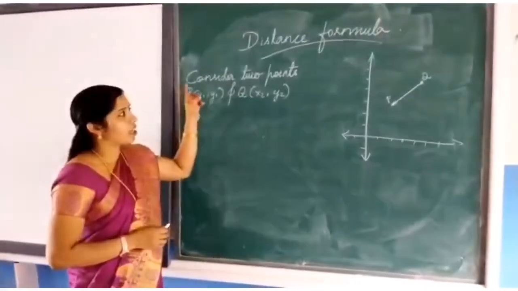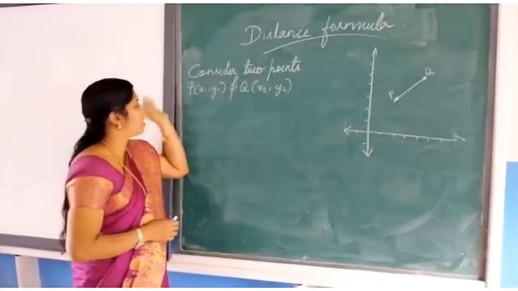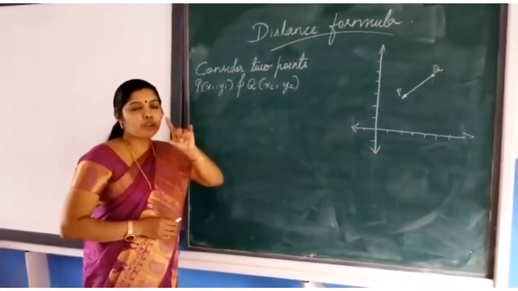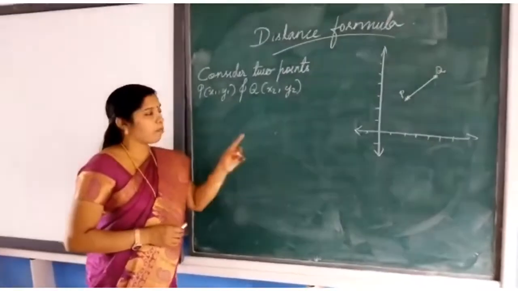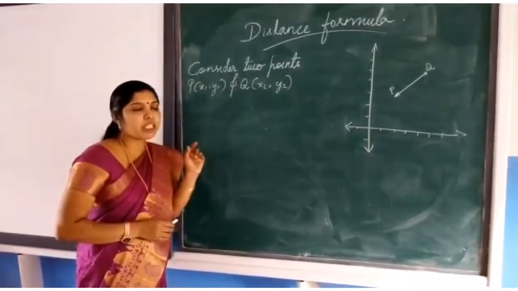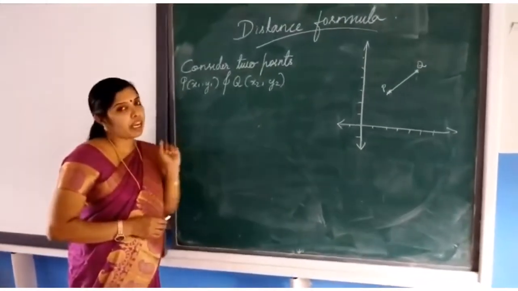For that, consider 2 points P (x1, y1). In general, a point in the XY plane is expressed as an ordered pair (x, y).